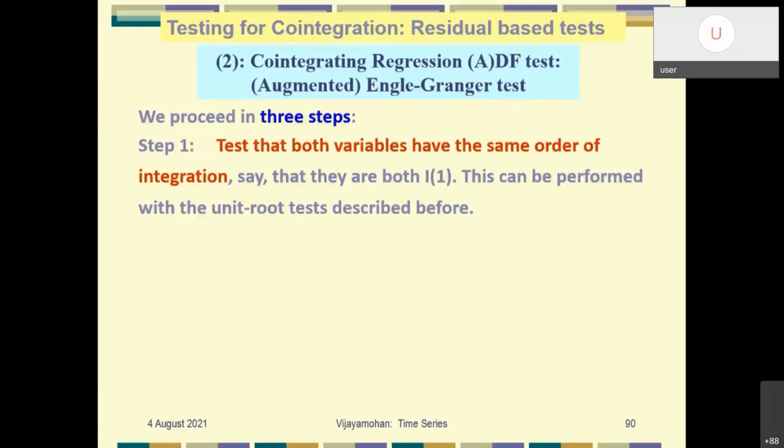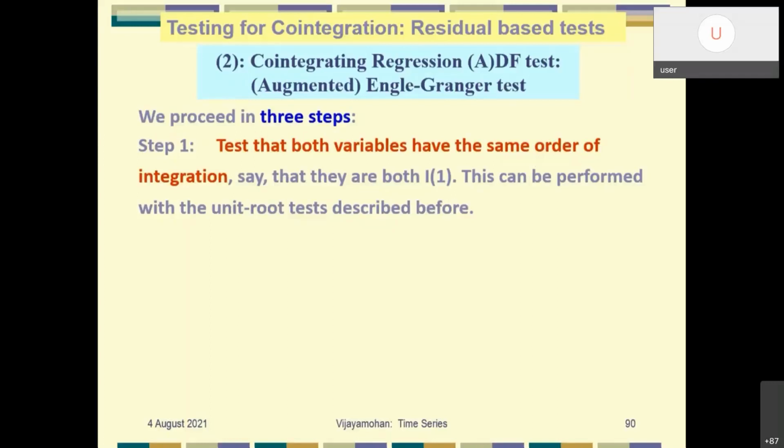Then we can do it with the unit root test also. So we have three steps. First, test that both the variables have the same order of integration. That is, say that they are both I(1). One precondition for the cointegration test is that we should have the same order of integration for all the variables.